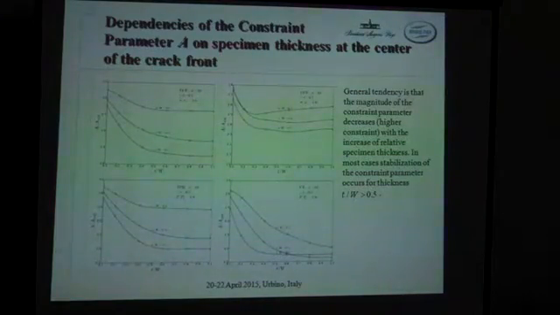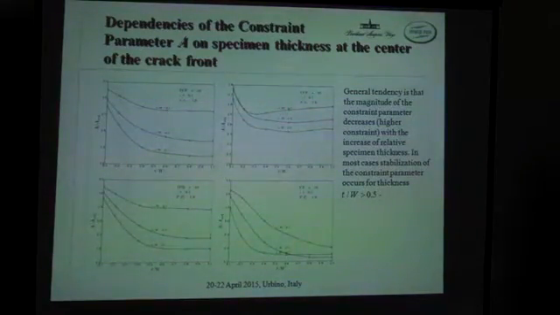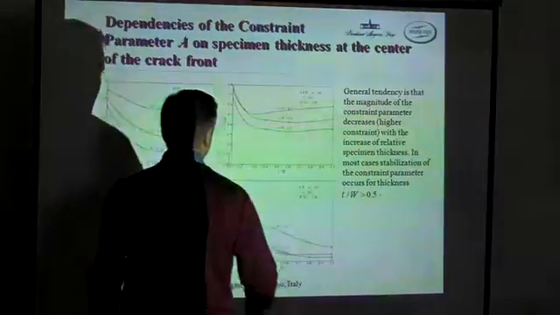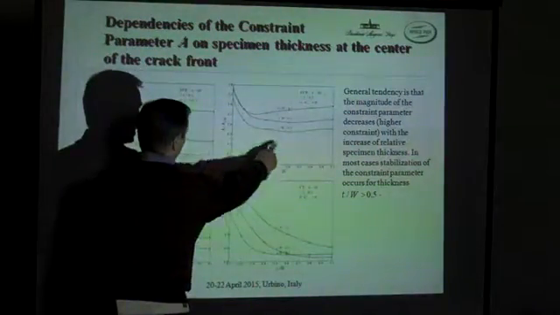Here are some results of dependence of constraint parameter A on specimen thickness at the center of the crack front. It can be seen the general tendency is that the magnitude of constraint parameter decreases, meaning higher constraint, with the increase of relative specimen thickness. In most cases, stabilization of constraint parameter occurs for specimen thickness 0.5.